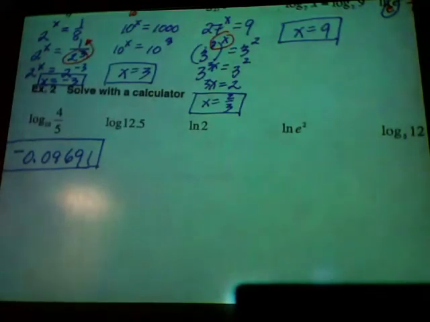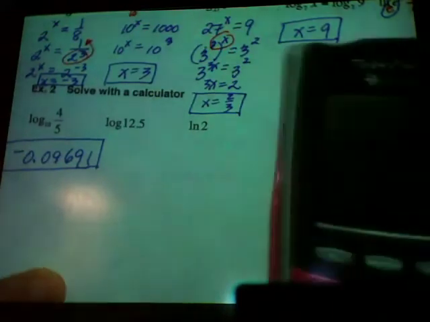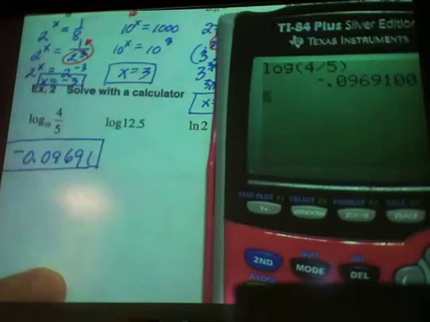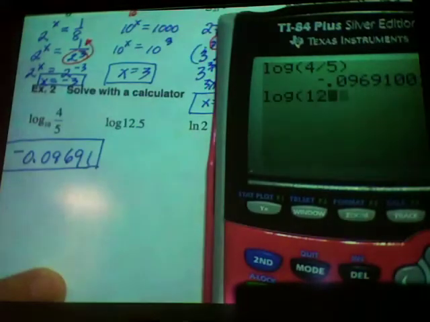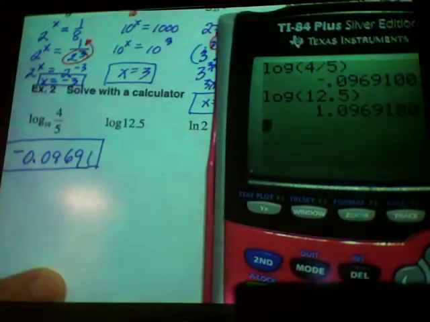All right, so what's the log of 12.5? 1.09691, right? Oh, that looks very similar, doesn't it? Why?